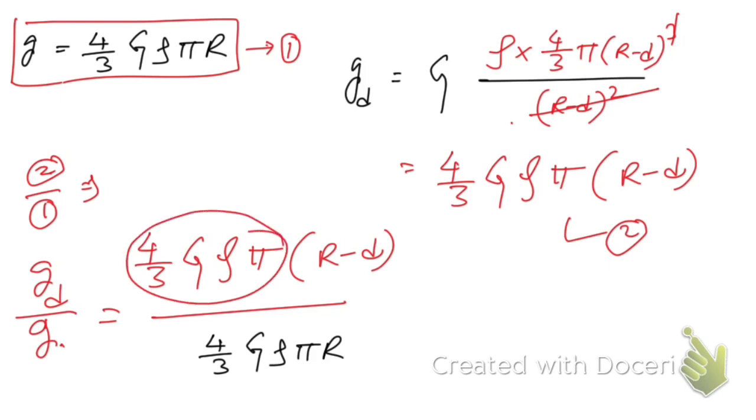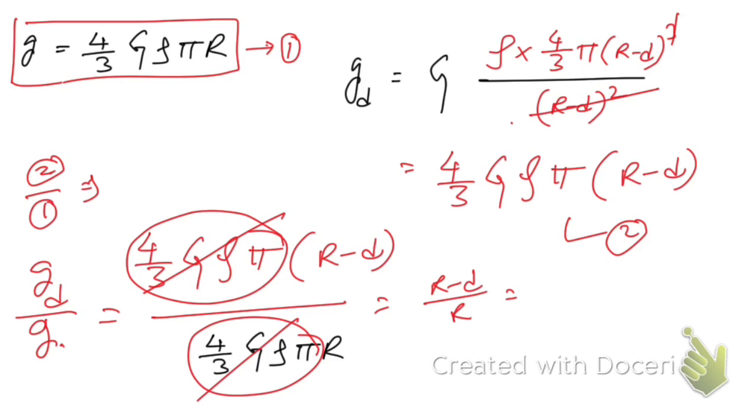Now here these two parts are cancelled, so we're going to have R minus d by R, which is nothing but 1 minus d by R. So here also you see, if d increases, then this fraction increases, and if you subtract a greater value from 1, then you're going to get a lesser value, right? So this implies that gd is equal to 1 minus d by R into g.